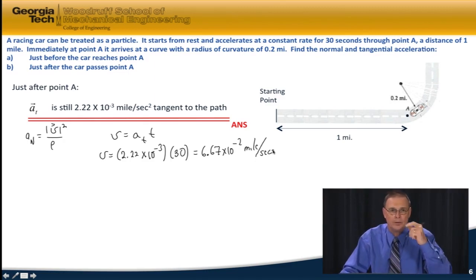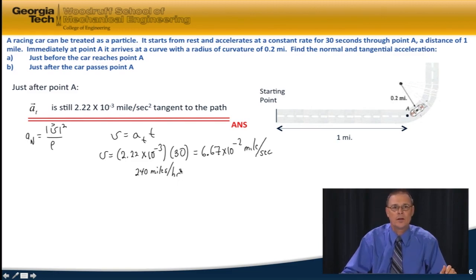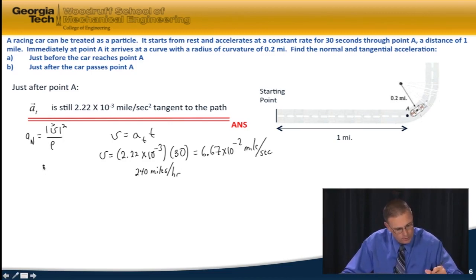And for my US students, that converts into 240 miles per hour. And I'll let my students outside of the United States convert that to kilometers per hour. Okay, so now we have the magnitude of the velocity.